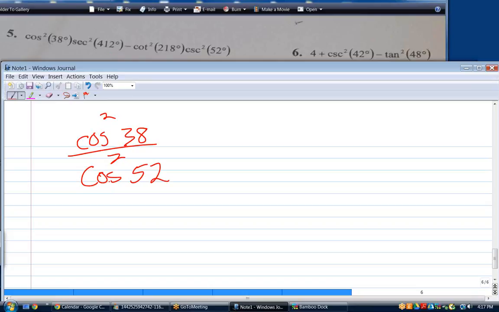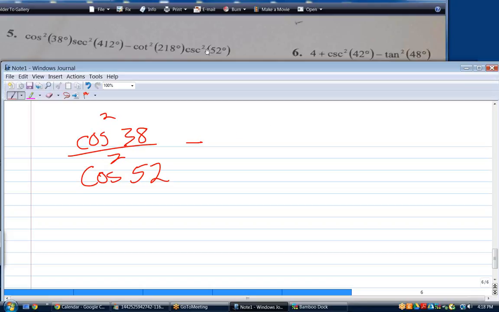Well, that's too bad. You see why I said that, right? In other words, it would have been easier if those numbers were the same. The fact they're complementary is going to come into play here. Let's see.